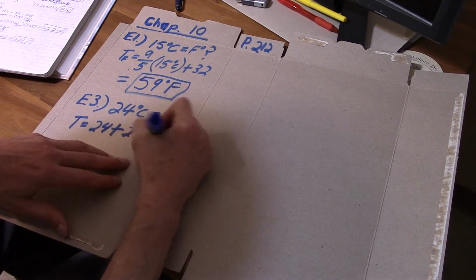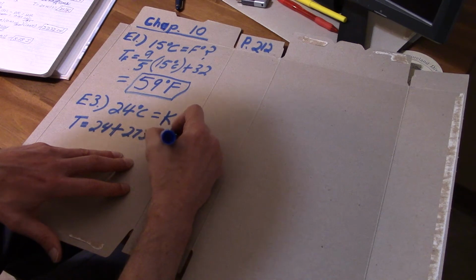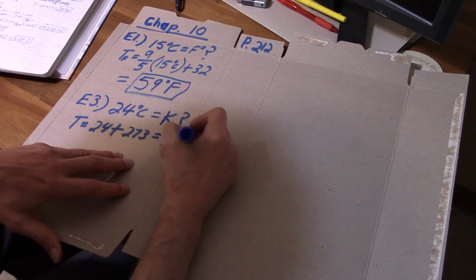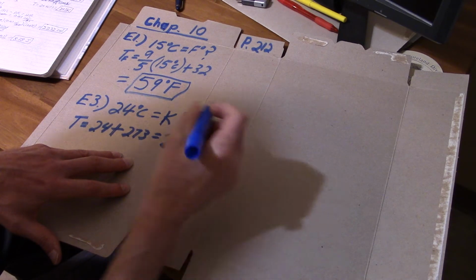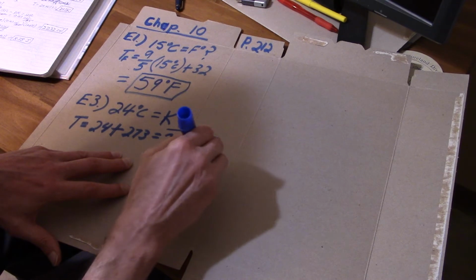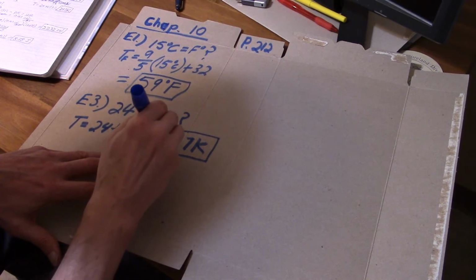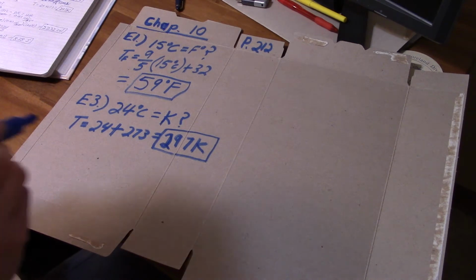And that gives you your value, your temperature in Kelvin. So this would be 297 Kelvin. All right?